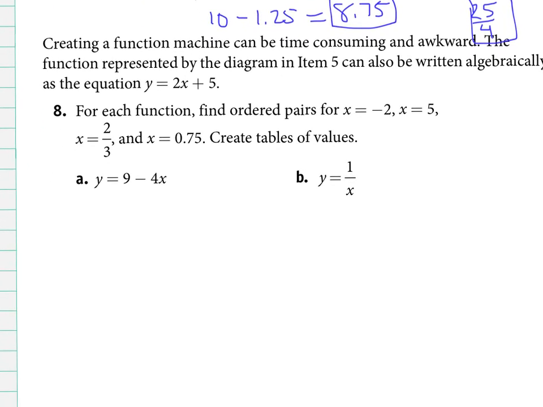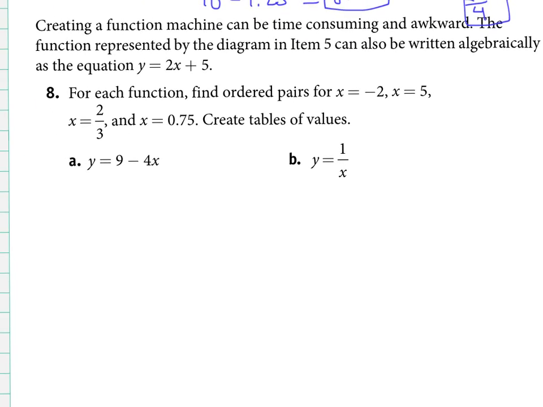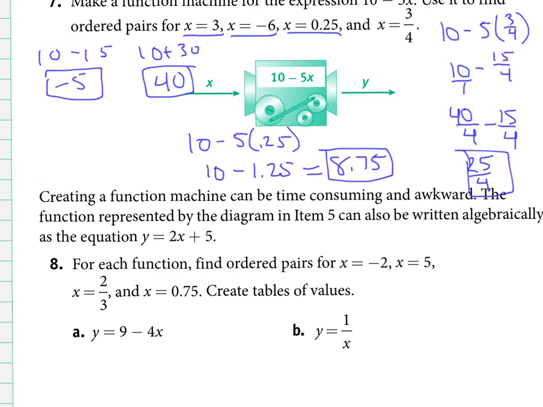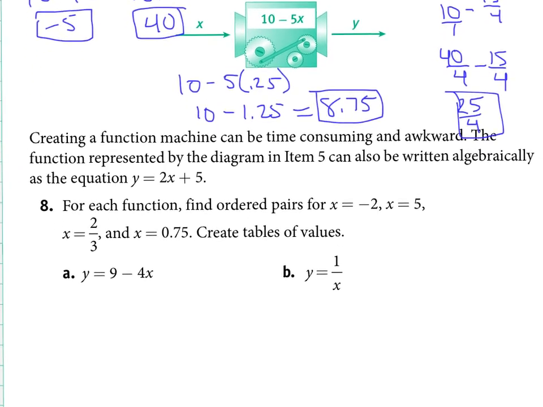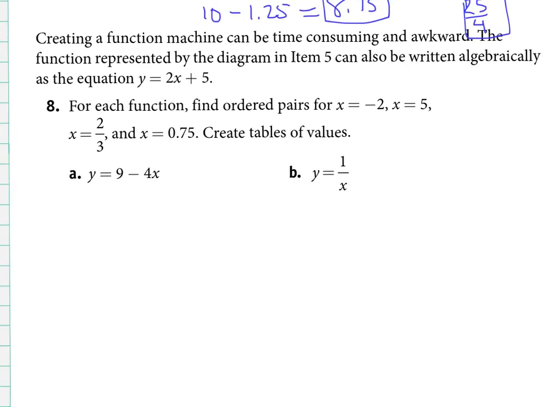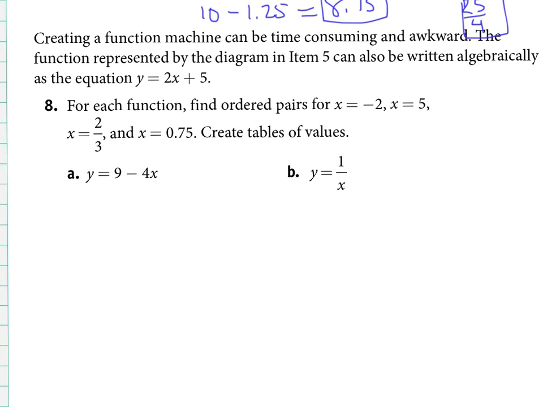Alright, last problem. Creating a function machine can be time-consuming and awkward. The function, represented by the diagram in number 5, can also be written algebraically. So if we looked at the one that was in number 5, as the equation y equals 2x plus 5.